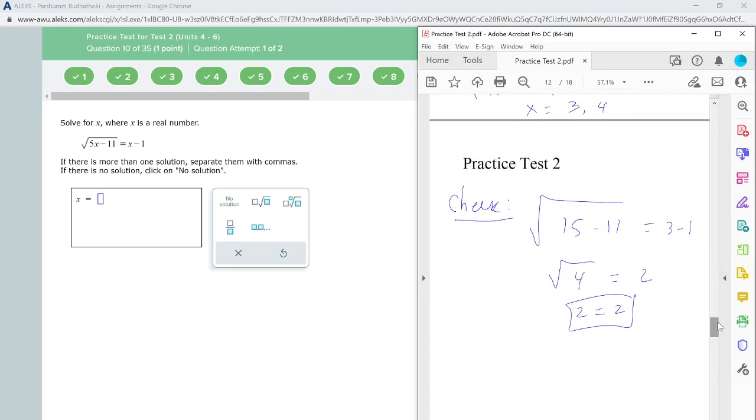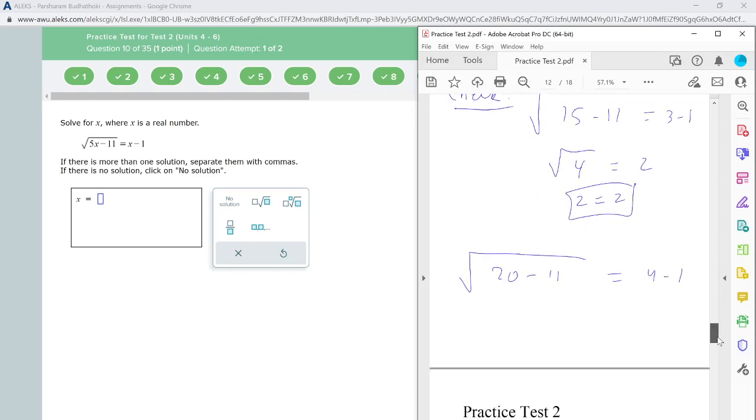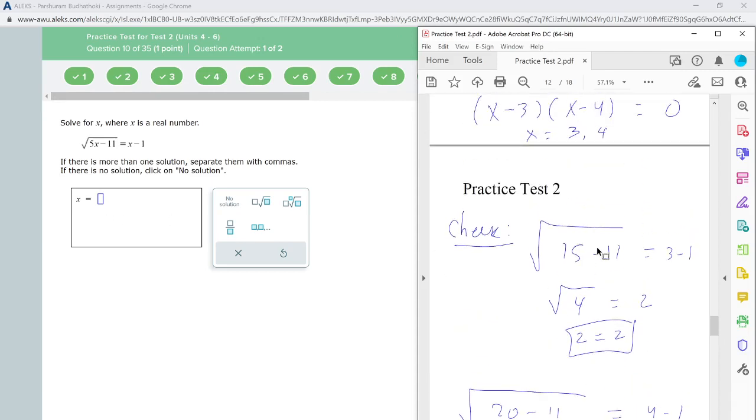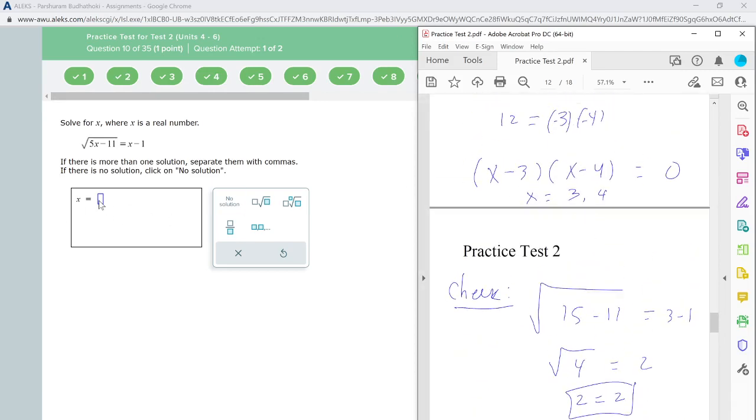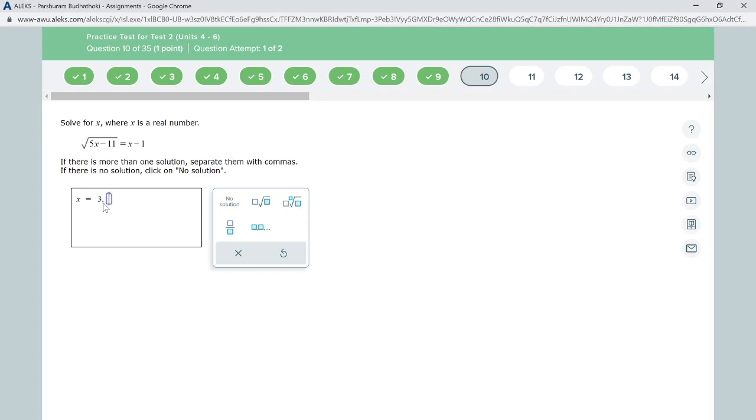Let's check 4. Square root of 5 times 4 is 20, minus 11, equals 4 minus 1. 20 minus 11 is 9, square root of 9 equals 3. 3 equals 3. So both of them are right solutions because both give us a true statement. So positive 3 and positive 4 are the two solutions for this equation.